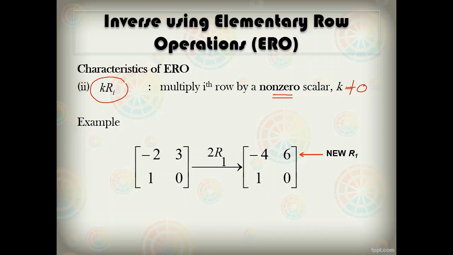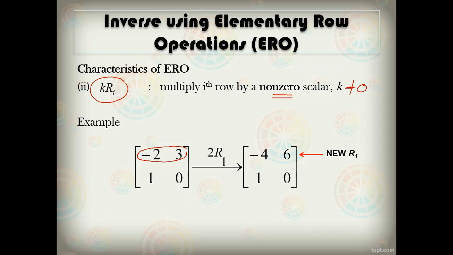For example like this, you can create a new row by multiplying the original row by 2 or any non-zero scalar k. You will see the use of this whenever you deal with the whole process.